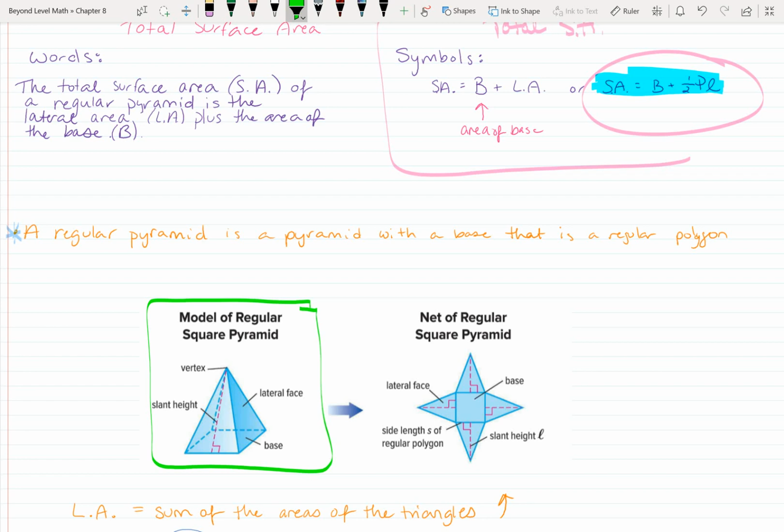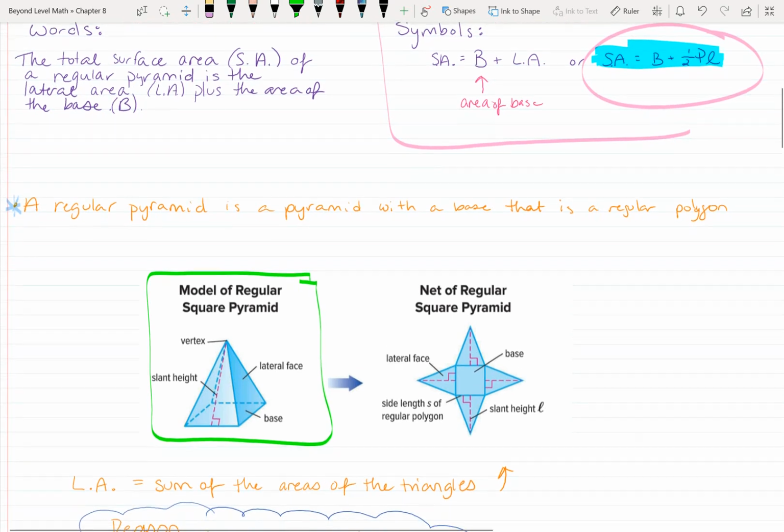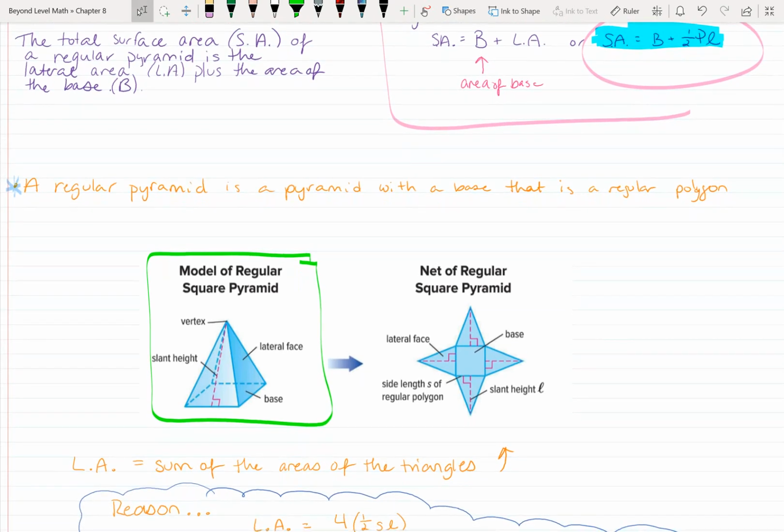Sometimes they'll just give it to us. But we need to pay close attention to the slant height versus the height of the triangle if the base is a triangle. And I'll point that out as we go. But the vertex, all of the lateral faces meet at a point, and that's the vertex. Again, we're not going to work so much with the net today.